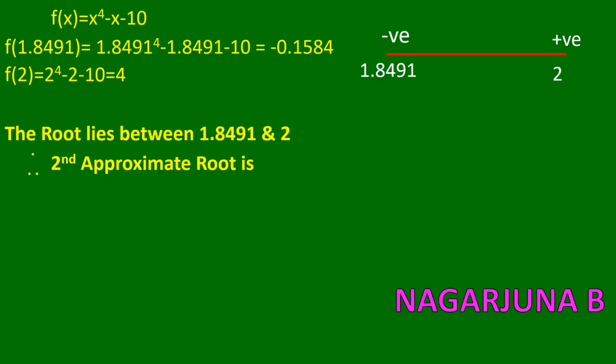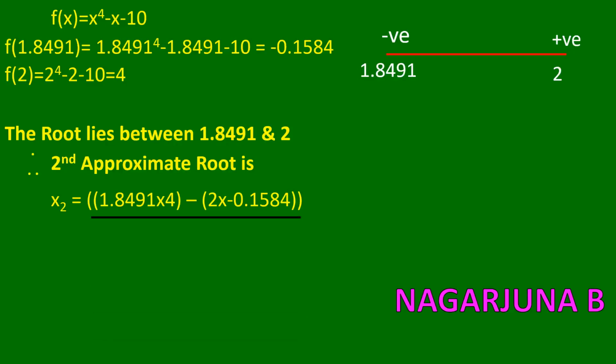So we can write x2 is equal to, open the bracket, again open the bracket, 1.8491 into 4, close the bracket, minus, open the bracket, 2 into minus 0.1584, close the bracket, again close the bracket, divided by f of b minus f of a, that is, open the bracket, 4 minus, open the bracket, minus 0.1584, close the bracket, again close the bracket.